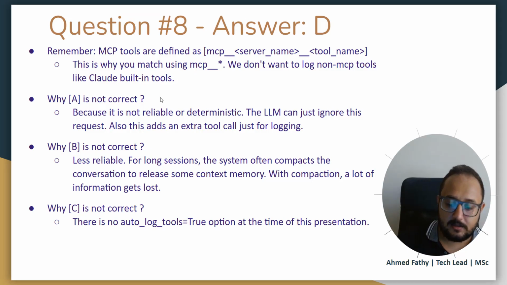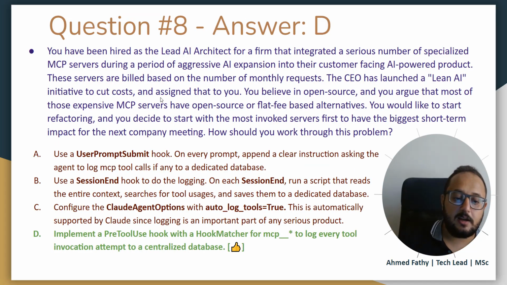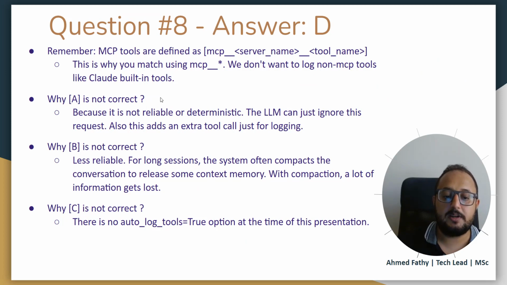Why is A incorrect? A says use a user prompt submit hook, and on every prompt append a clear instruction asking the agent to log MCP tool calls, if any, to a dedicated database. Again, user prompts are not super reliable, not super deterministic, right? The LLM can just ignore this request, or if you have compaction, you lose context and you lose this request.